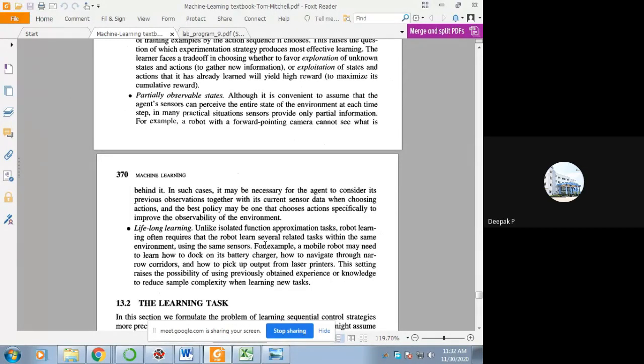This type of learning is applied in machine learning and is called lifelong learning. And also how to navigate through a particular corridor to plug the particular dock into the charger. Based on these values and examples, this concept of reinforcement learning came into existence.